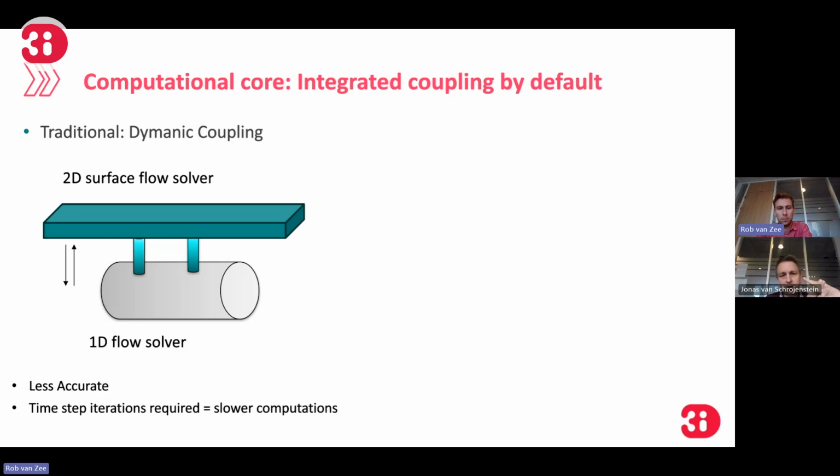Traditionally, you would have some dynamic coupling where you have a 2D surface flow solver and a 1D flow solver, and they solve, for example, water going through the 1D system, going out of the 1D into the 2D, and then a certain amount of water is going to be exchanged between the 1D and the 2D, and these solvers have to basically talk with each other. Okay, I have so much water going in, so much water going out.